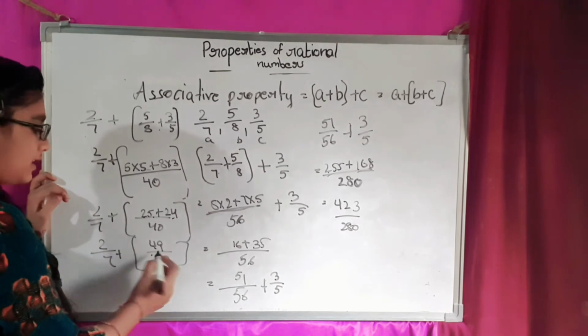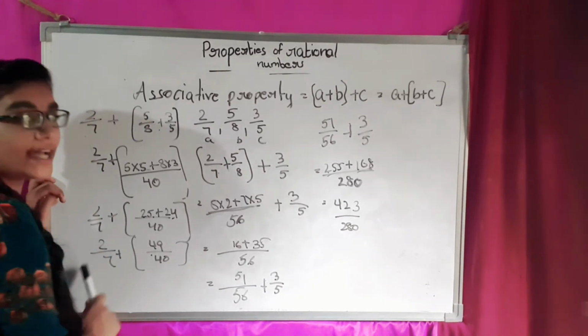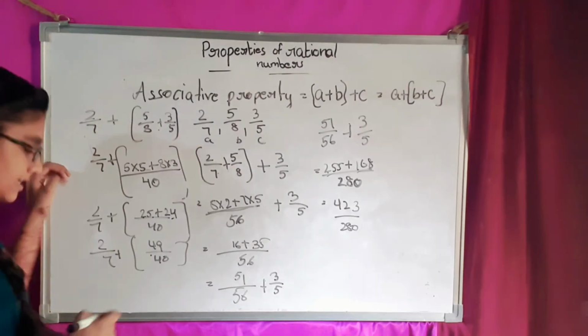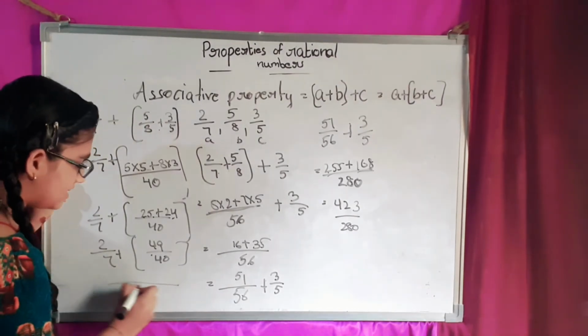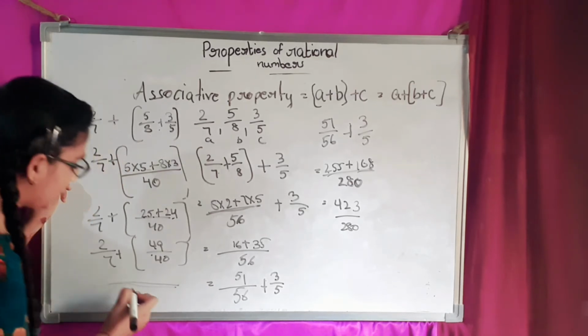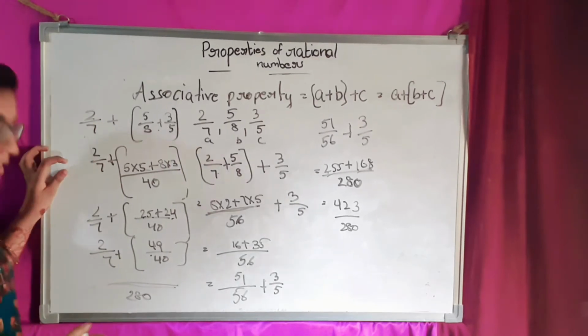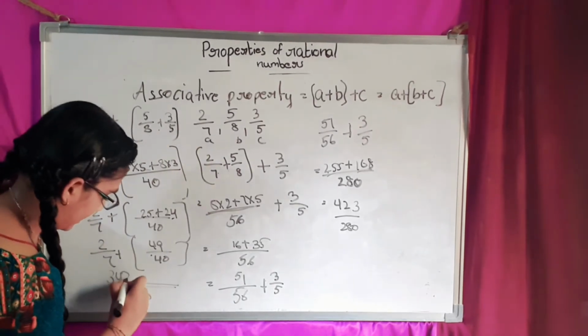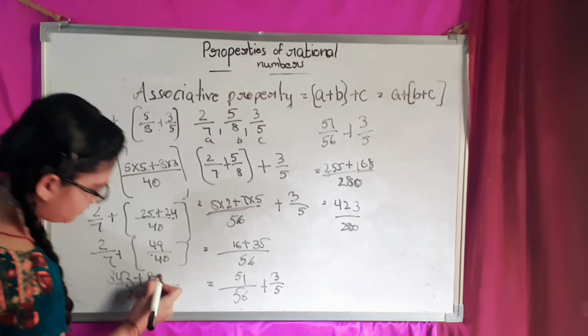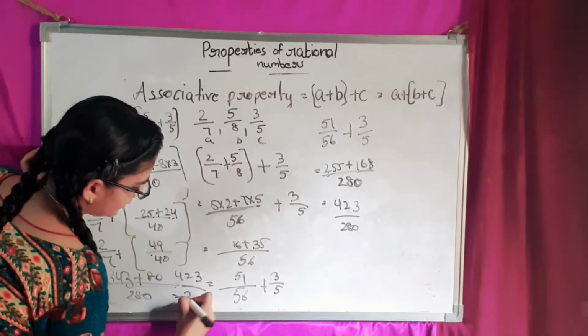To this 49 by 40, we have to add 2 by 7. Here the LCM is 280. What here? 7 table, how many times? 343 plus 80. What is the answer? 423 by 280.